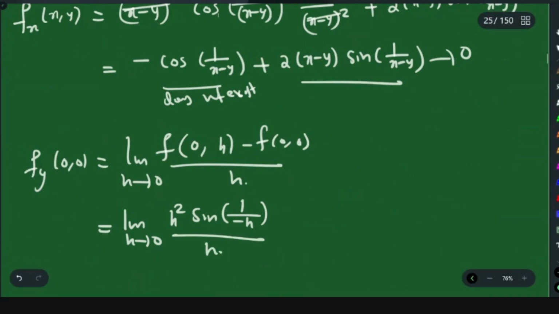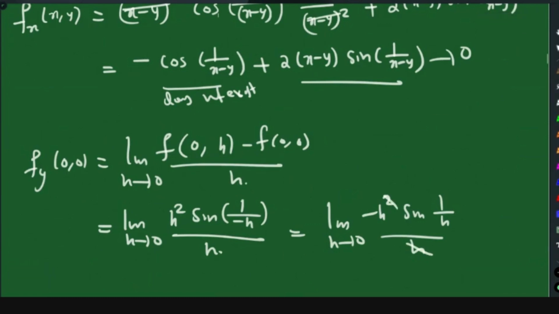That is minus sin 1 by h, the minus doesn't matter. So this is limit h tends to 0 of minus h square sine 1 by h, by h. Again, this h will cancel, minus h will come. Anyway, sine 1 by h you can bound by 1 and minus 1, so this will give you 0. So fy at (0, 0) is also 0.